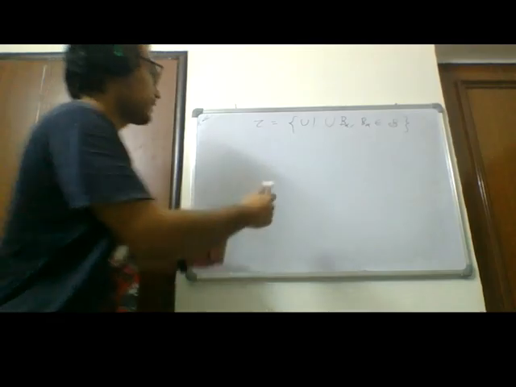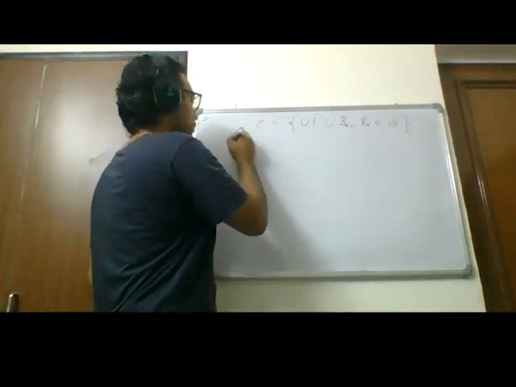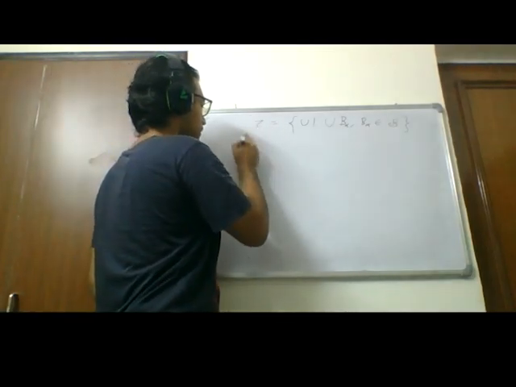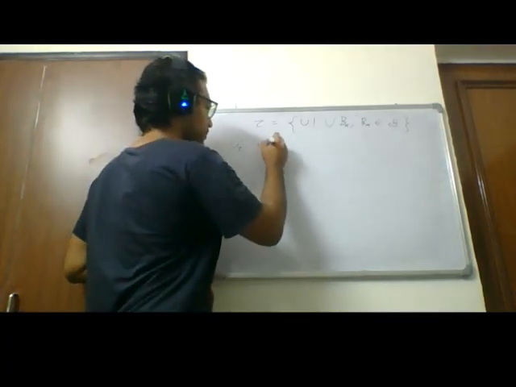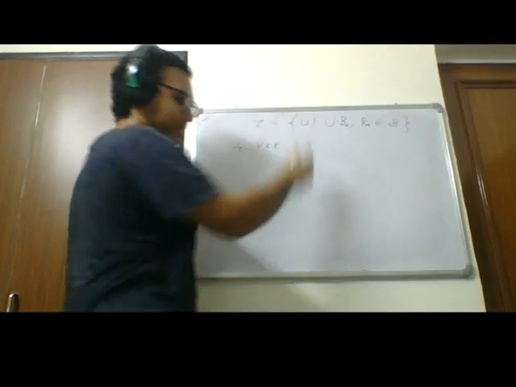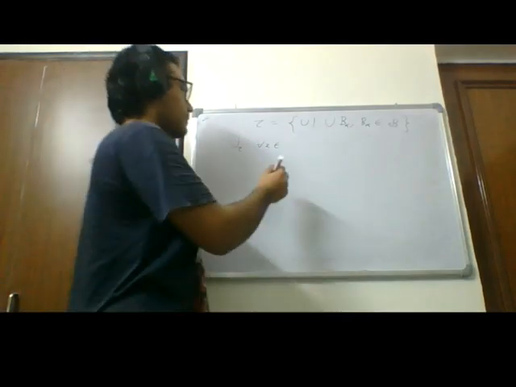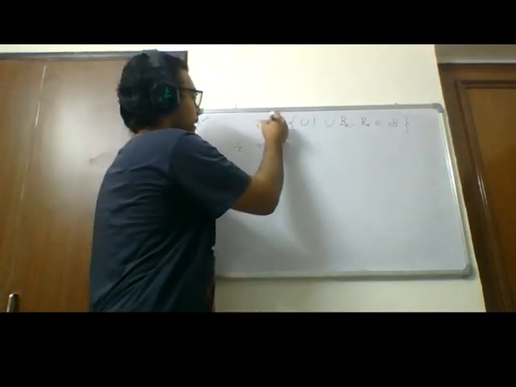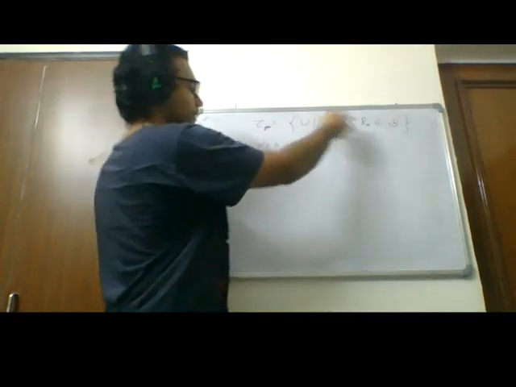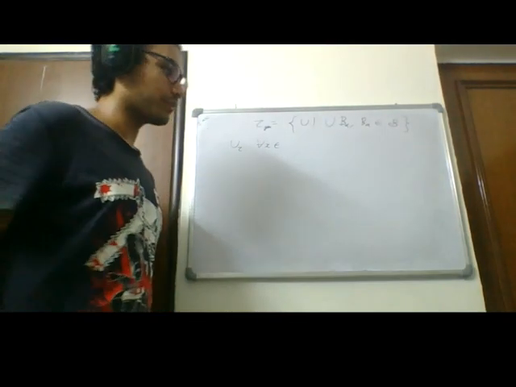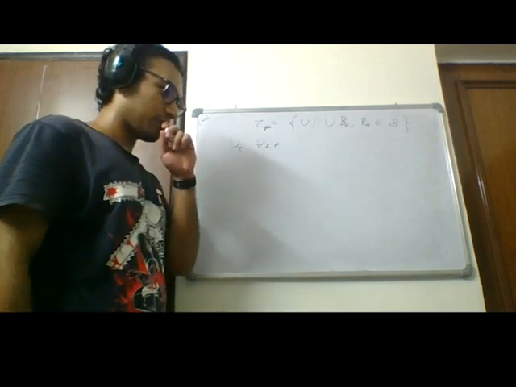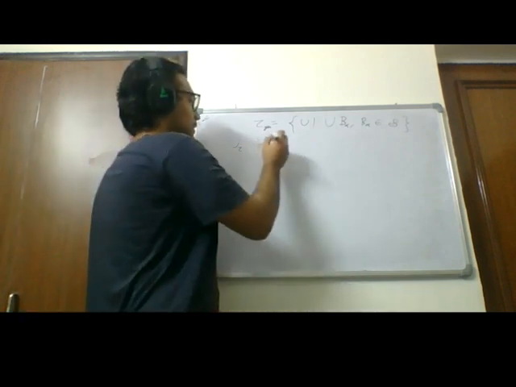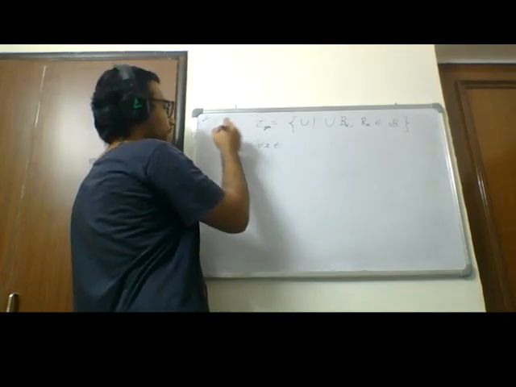So let's prove it. Let U be an open set in tau. Now, for every x in U, by definition, since it's the topology generated by the basis, so currently we're proving this direction.